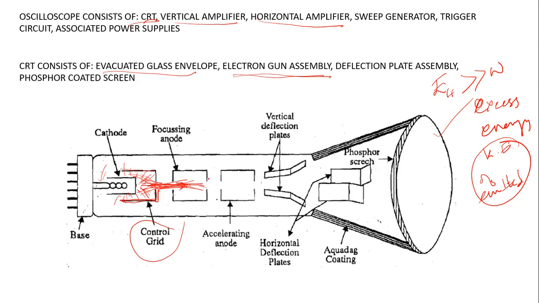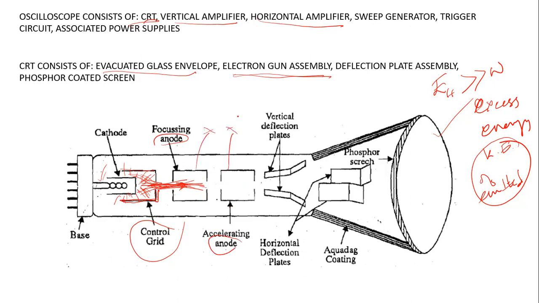Okay, and once it is released from the pinhole of this cylindrical control grid, it will be acted upon by this accelerating anode. This is also a kind of metal cylinder, and this focusing anode is also a metal cylinder. Both the focusing anode and the accelerating anode are anodes, which means they are connected to positive potential.